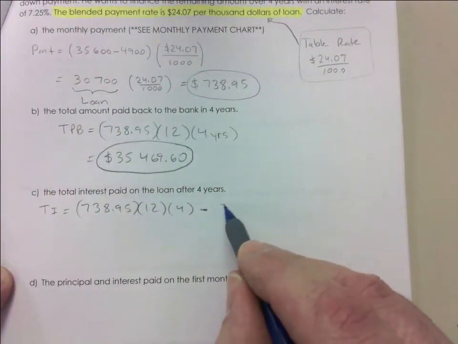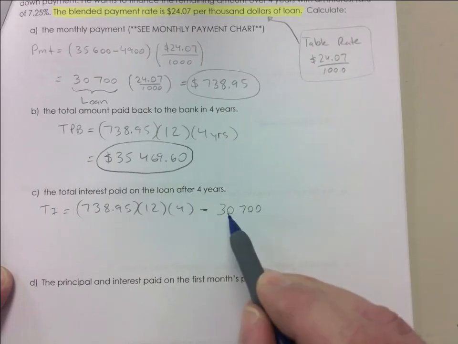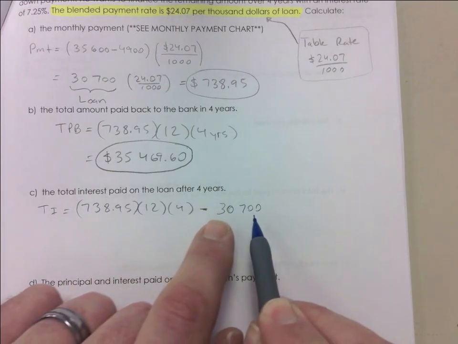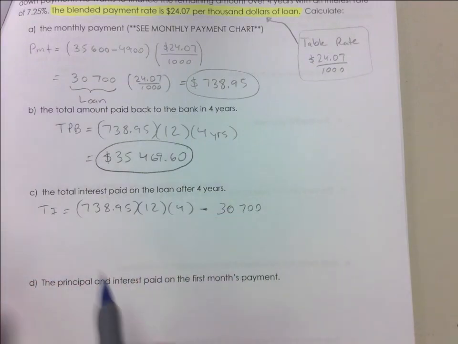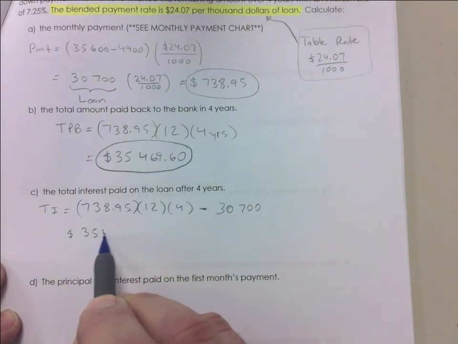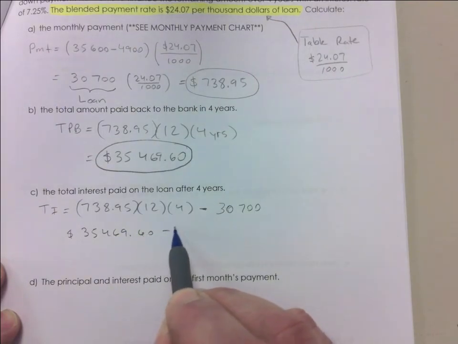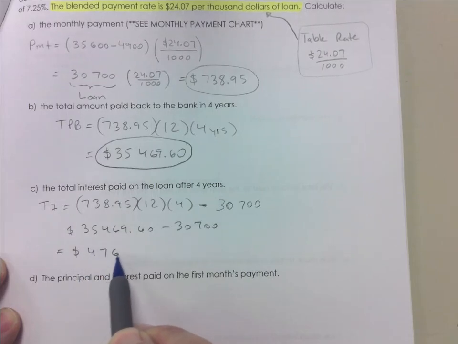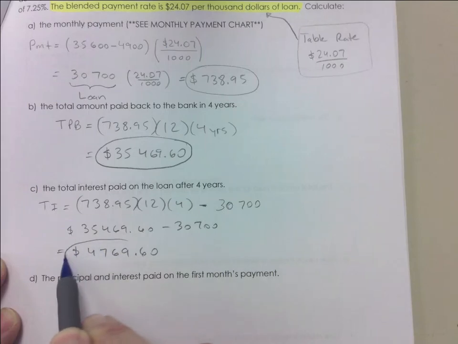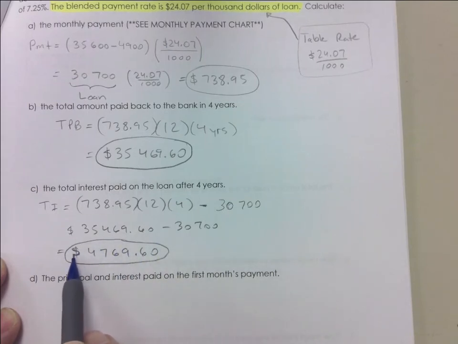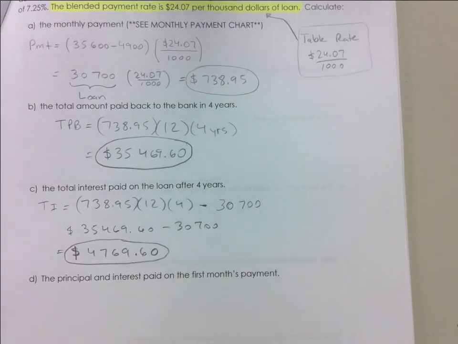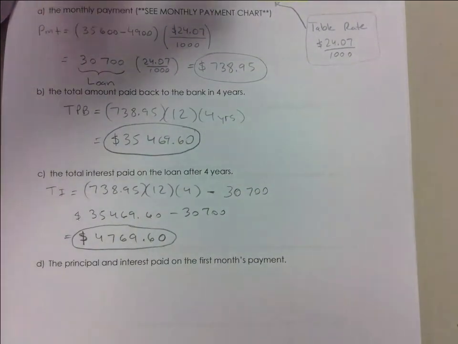Okay? So we have to subtract. You're basically figuring out, if I look at everything I've paid the bank and what they gave me in the first place, what is that interest? Okay, so that is $4,769.60. You must have a dollar sign, and you have to have the 0 after the 6, or else you lose a rounding error. That's going to cost you half a mark.